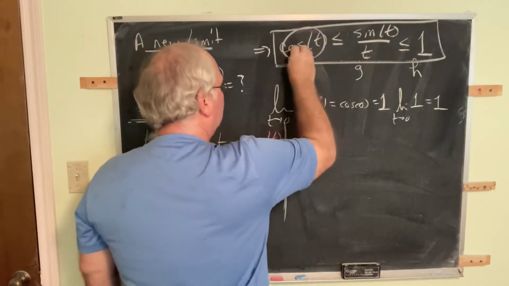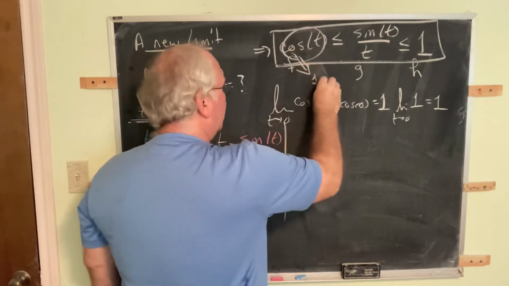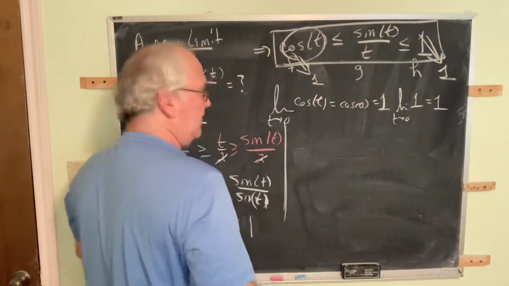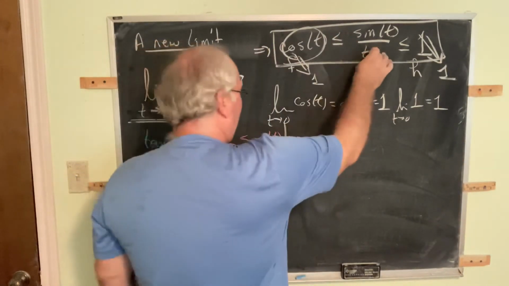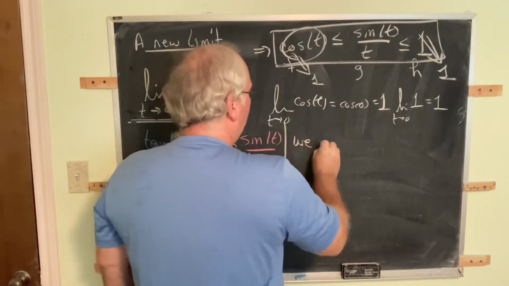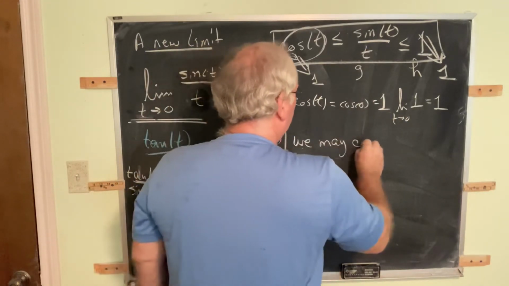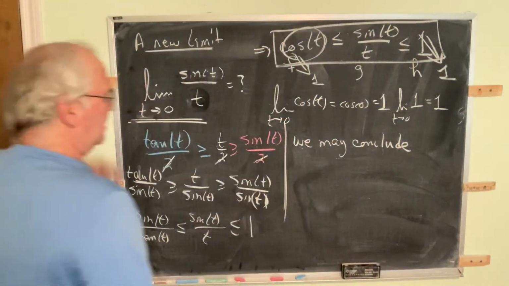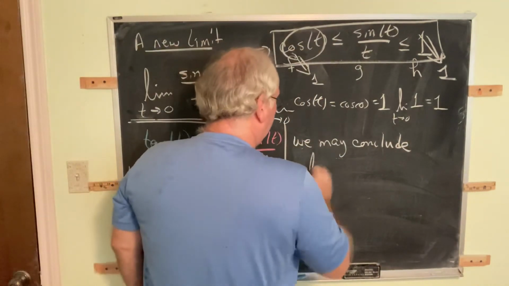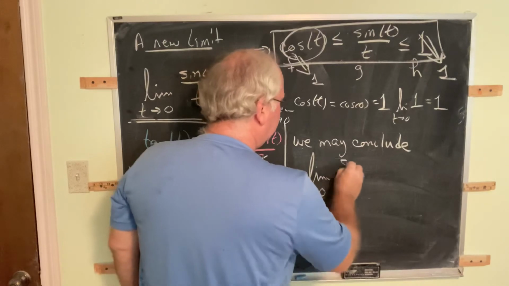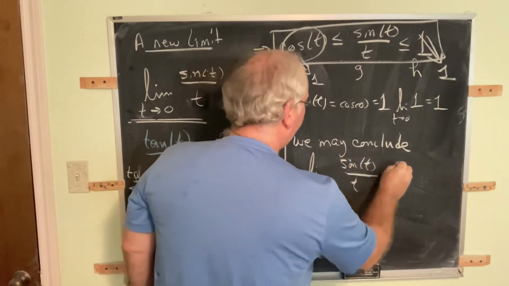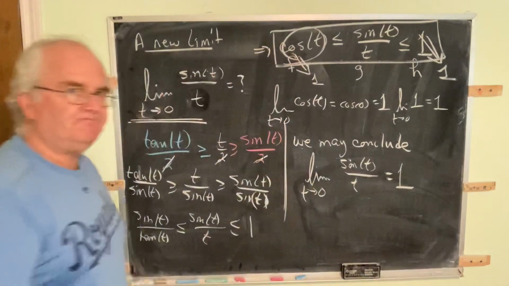This function goes to 1. This function goes to 1 in the limit. Since this is captured between, we may conclude what we were looking for in the first place. The limit as t goes to 0 of sine of t over t is equal to 1.